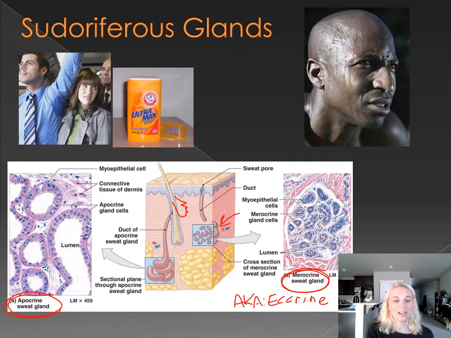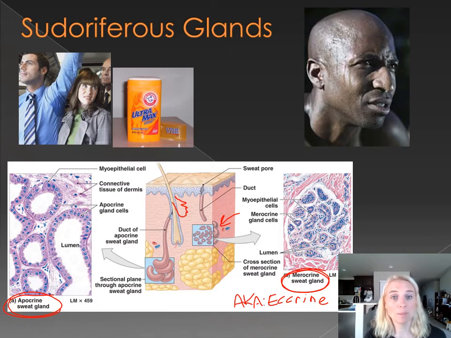Their secretion is not thin and clear and watery like we normally think of sweat. Apocrine secretion is more thick and milky and rich in lipids and proteins. Ugh, right? But guess who loves that for a nice little snack: all the bacteria that live on your skin and your hair follicles.